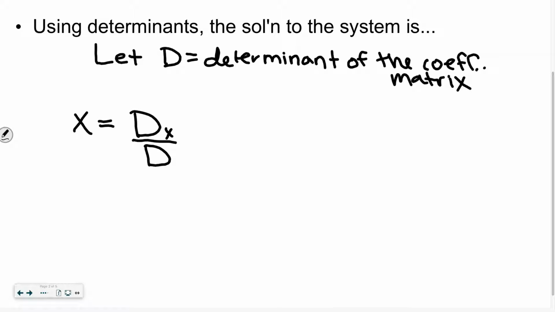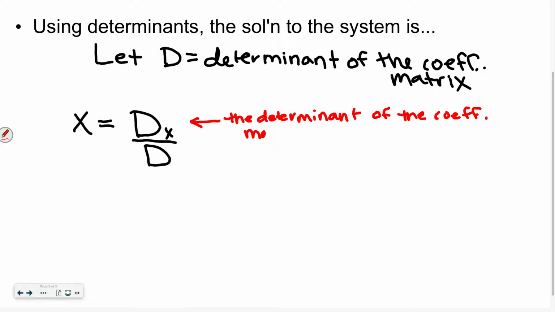D sub x is going to be the determinant of the coefficient matrix if the x column is replaced with the constants.